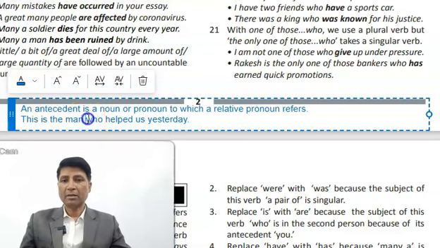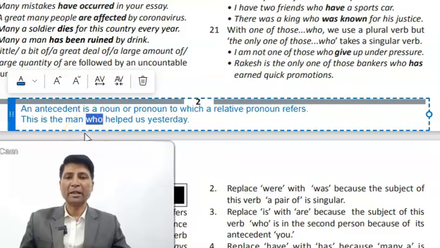So when you are saying this is the relative pronoun, and you know that a pronoun comes for some noun or pronoun. So what is this pronoun coming for? It is coming for, or it is showing relation to this man. Therefore this man word will be called the antecedent of this relative pronoun.